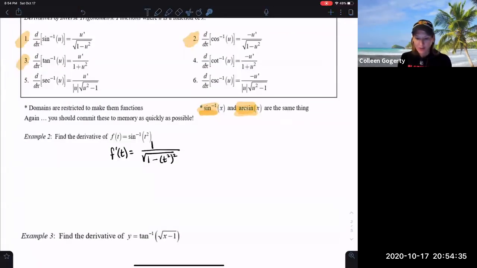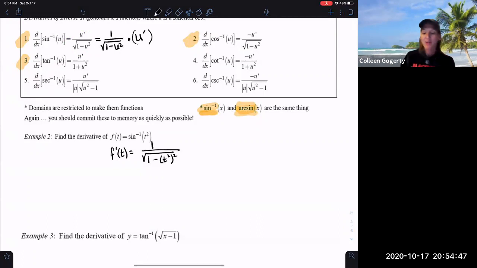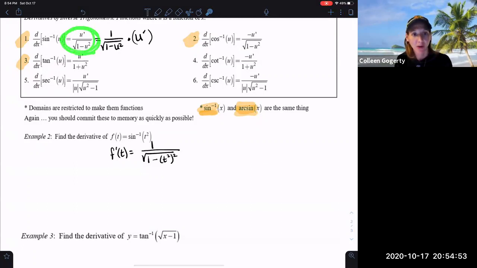I can find it right up here. Now, once again, I don't want you getting confused by this. This means 1 over the square root of 1 minus u squared, and you're multiplying it by the derivative of the input. Remember what I said, this is already combining the chain rule in the problem. So coming back down to my problem, I now need to multiply it by the derivative of my input, my chain rule.